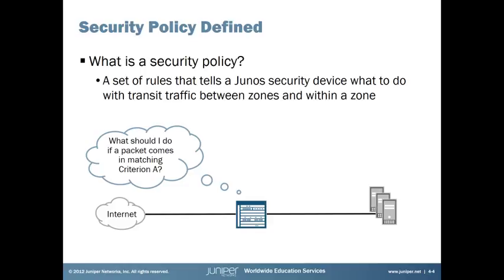What's an example of traffic that's not transit traffic? Most traffic is transit traffic, right? It comes in on one interface, it goes out on another. That will be the normal operation. Non-transit traffic would be when you set up an SSH session to the device to manage it.